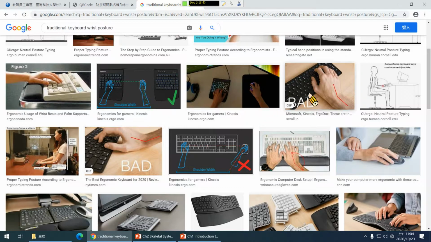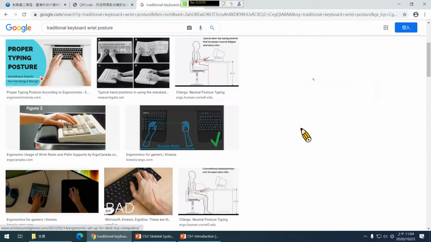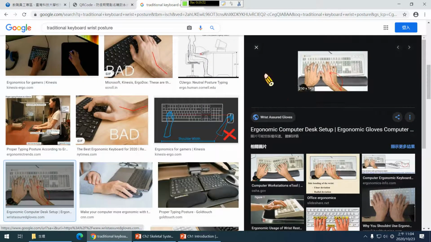okay, this is exaggerating, but this. Okay, look at this. There's a wrist adduction. Adduction. How about this?